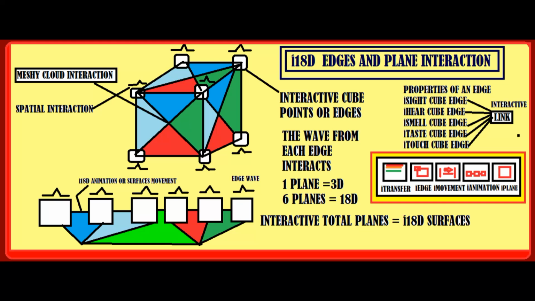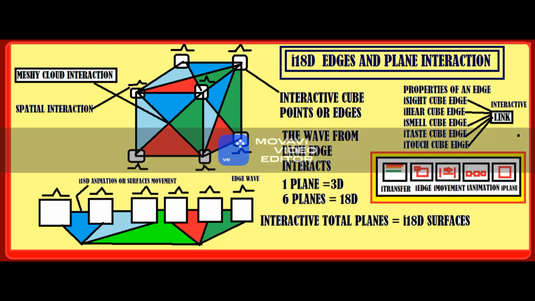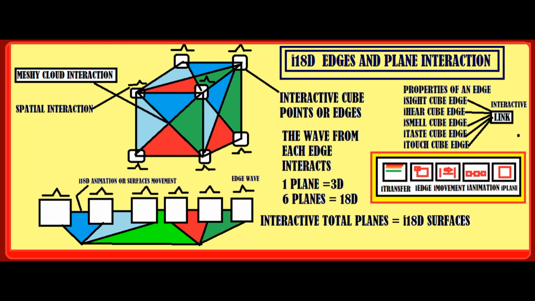For example, this is a 3D surface. This is just the surface, a 3D surface, and you have 4 edges there. And these edges, when they interact or go through a meshing product system or a mesh interactive system, there tends to be a movement, and that movement is what is called 3D movement.